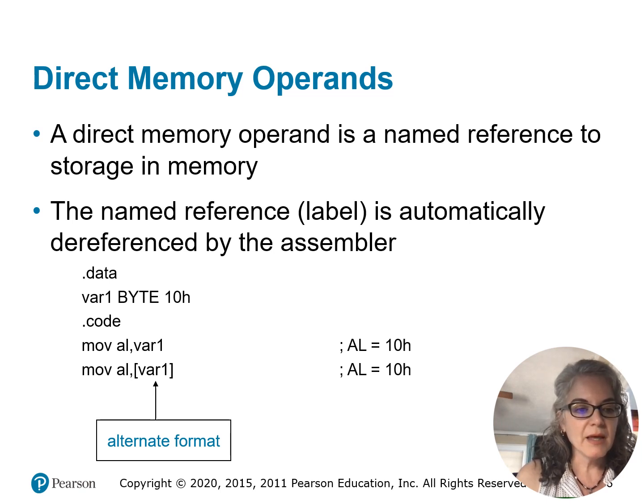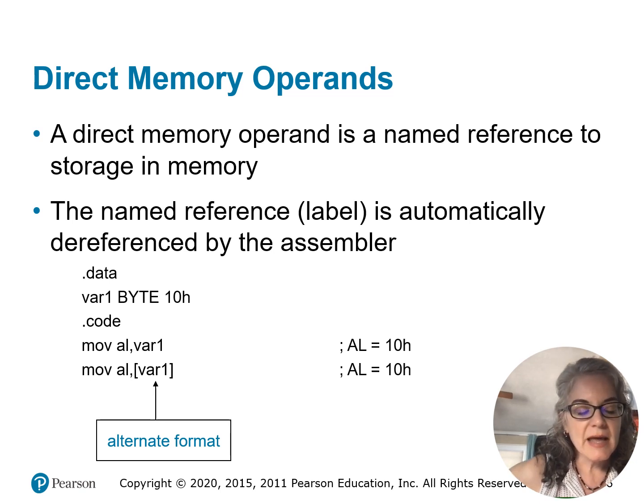Move here has 2 operands, so here we have register, mem, register, mem. This is an alternate format. We talked about the square brackets just being there to make it more clear that this is a variable, but they're not required.